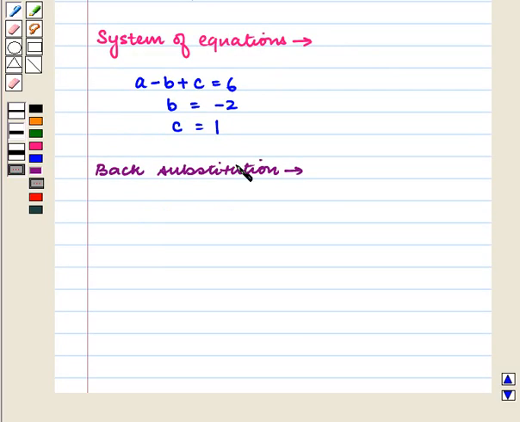Now we solve the system of equations using back substitution. We have c is equal to 1 and b is equal to -2.